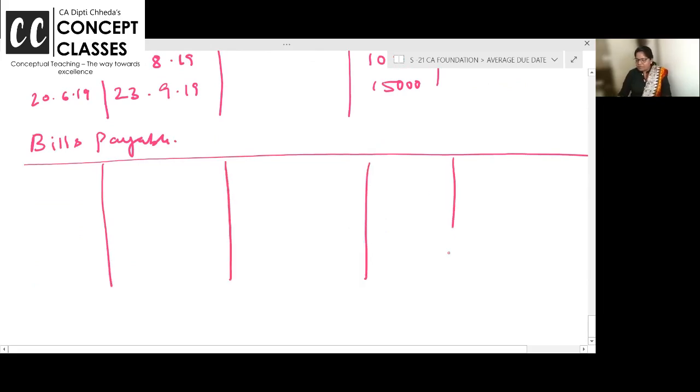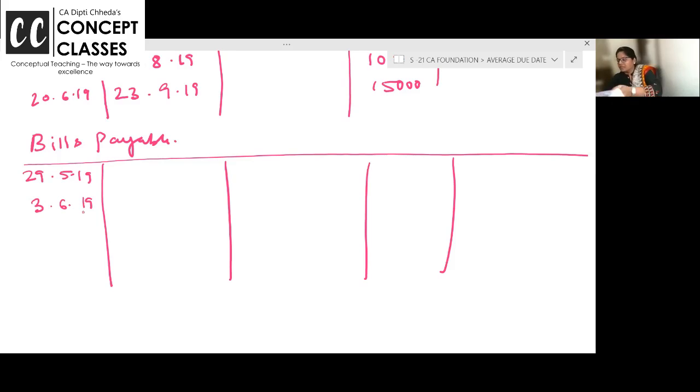Same number of columns. Make bills payable. Take down 29th May 19, 3rd June 19. Calculate the due date, just 2 minutes for these two.